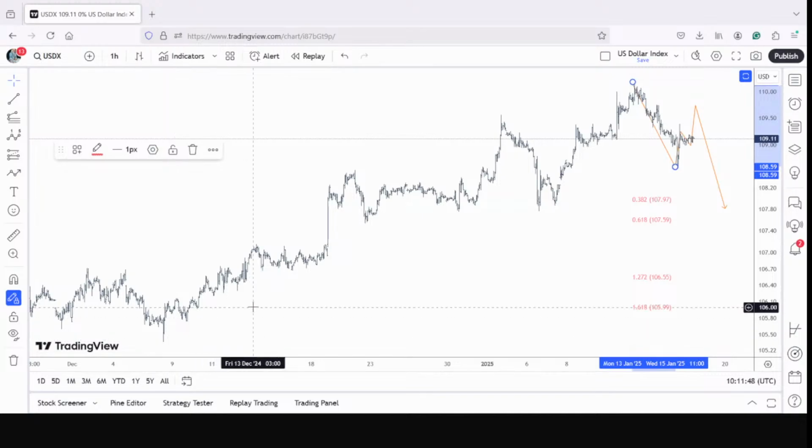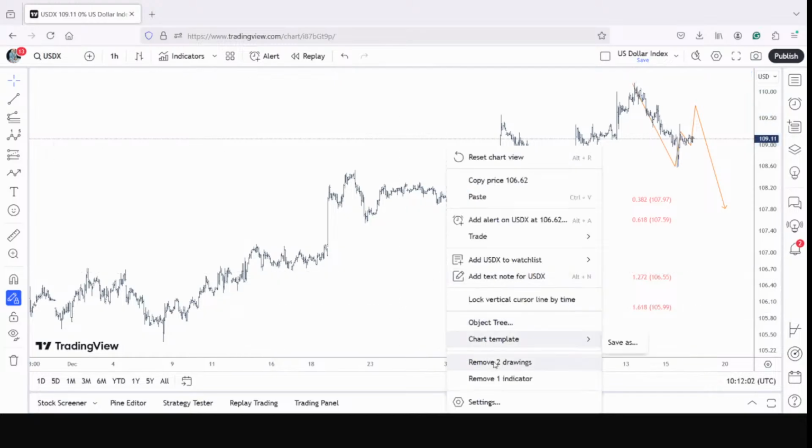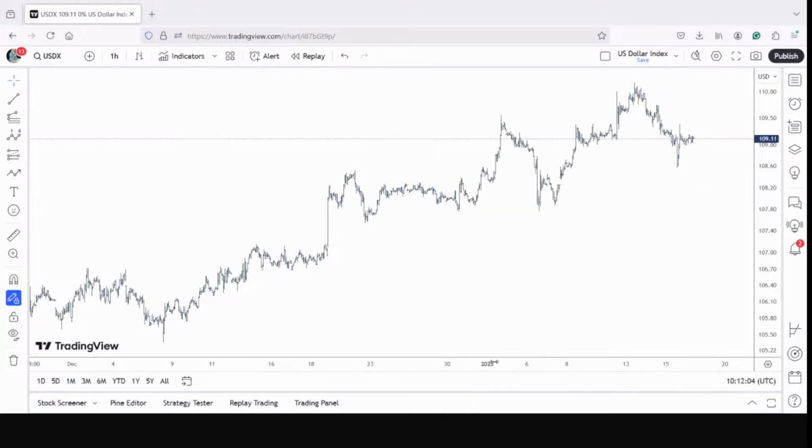The Fibonacci is showing 105.59, but that is absolutely in line. A few pips here and there, points here and there can always be given the benefit of the doubt. The structure is taking shape nicely for a decline in the dollar index.